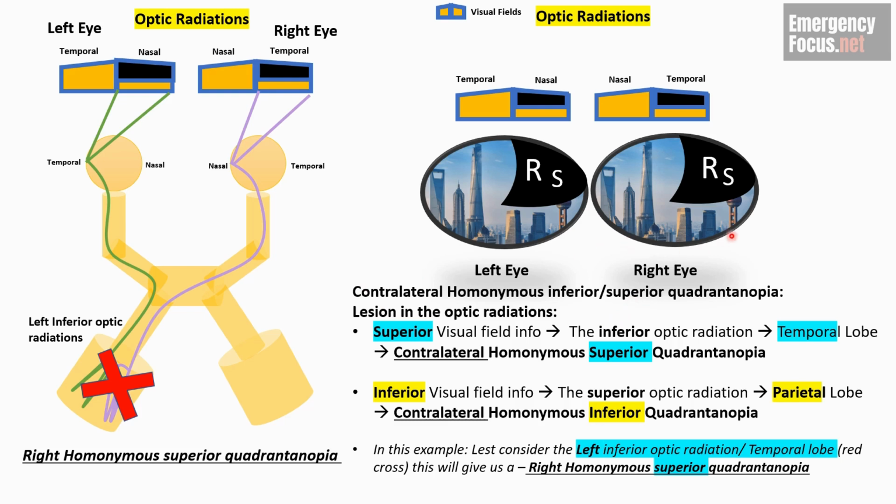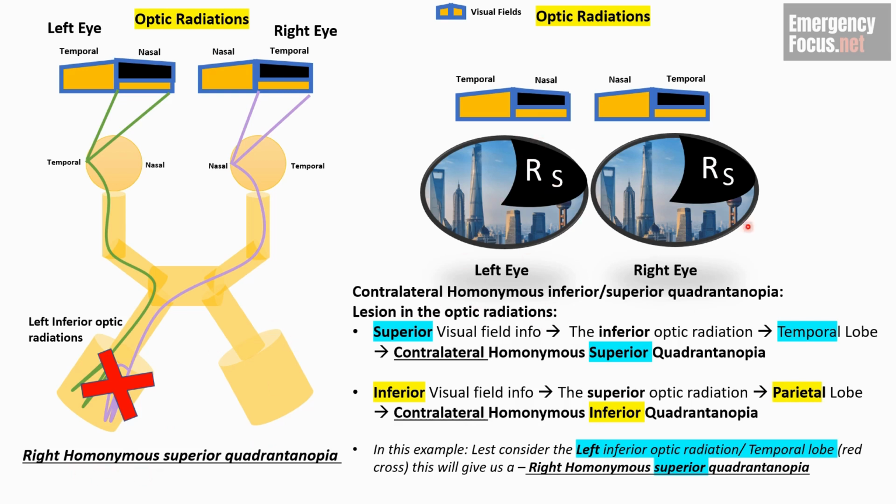So let's just first describe what we're seeing. Let's name this visual field defect. Remember, I said name the visual field defect, so we have to just describe the blindness. So this would be right, because it's the right side of both eyes, right side of the left eye, right side of the right eye. Cool. What else? Superior, because it's only the superior part. So right, then we have superior, and we have homonymous.